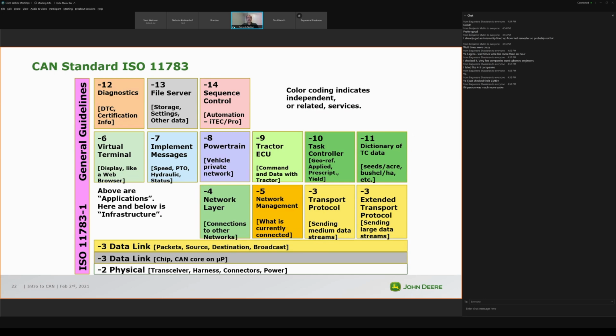It also depends on the equipment you are building. For example, a display will support the virtual terminal, and it may not support the sequence controller, but it has to support file server or diagnostics. A controller could support diagnostics and a task controller. But in most ISO certified equipment, they all support these applications.